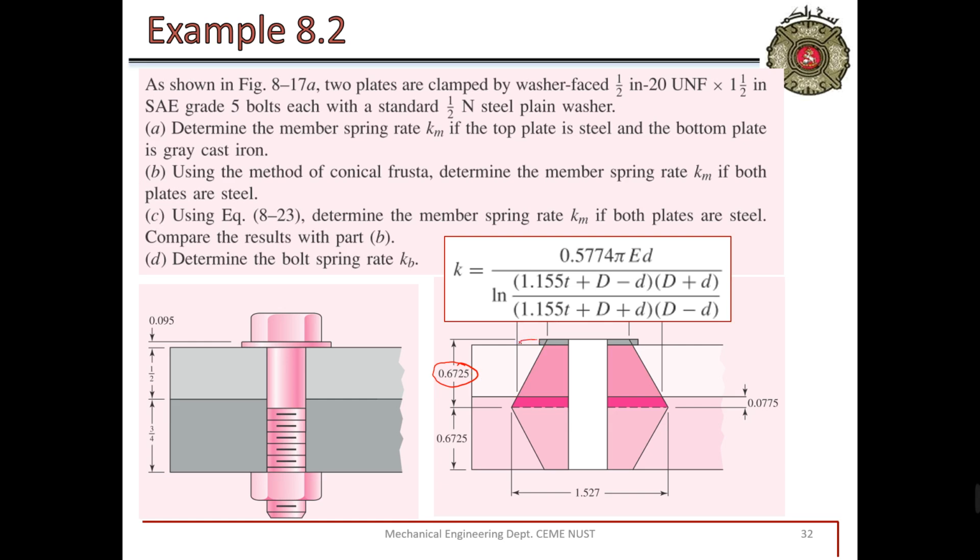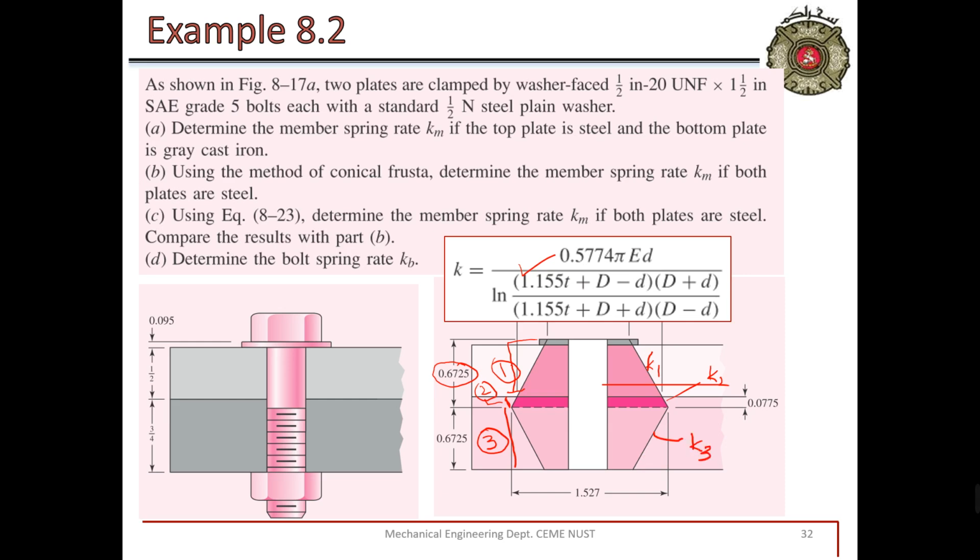Starting from here to here we have one frustum, from here to here we have a second frustum, and from here to here we have a third frustum. So we have to use this equation 1, 2 and 3 times. From here we will get K1, from here we will get K2, and from here we will get K3.